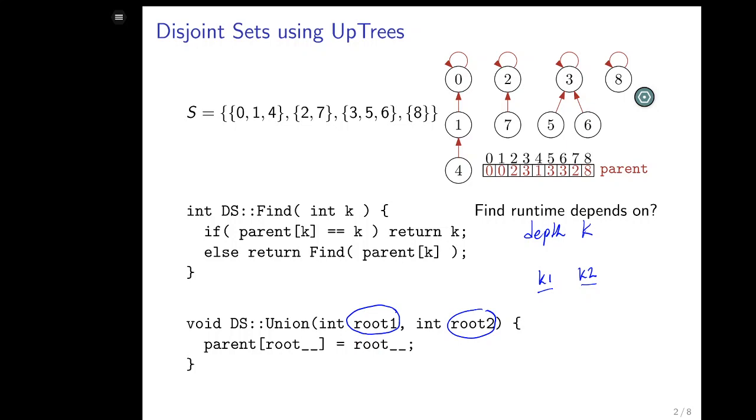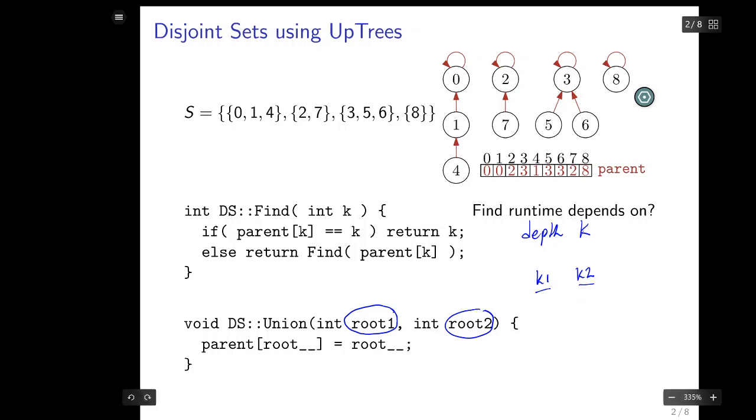Yeah. Okay, great. So what is that operation called? It's written on this slide. Find. So if you don't have the root of the tree and you're just given the key to get the root, you perform find.